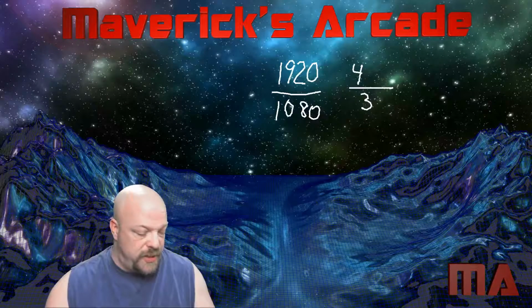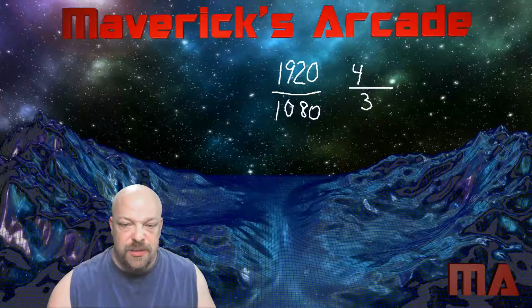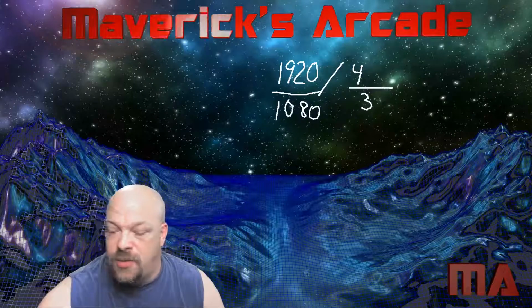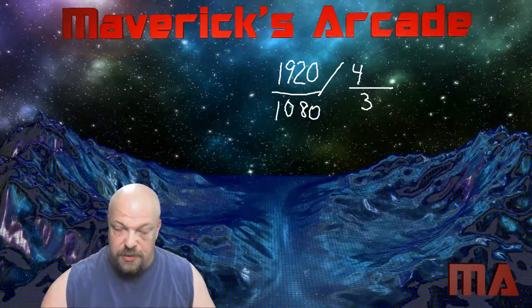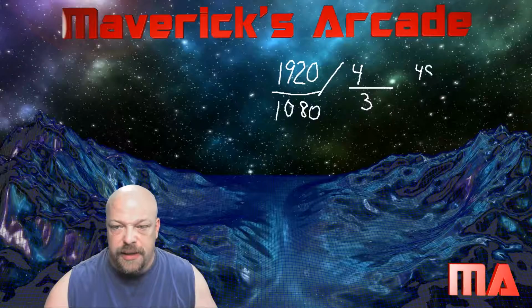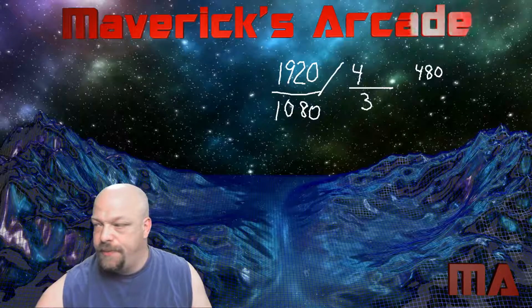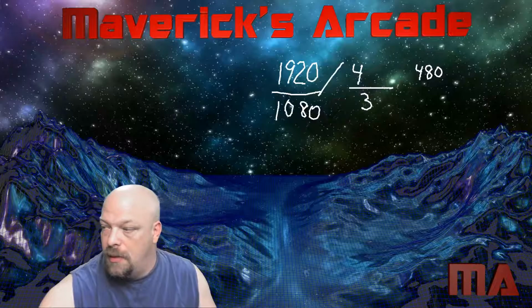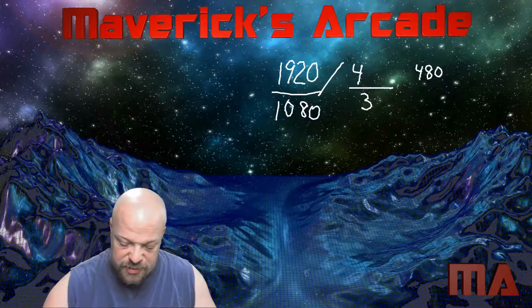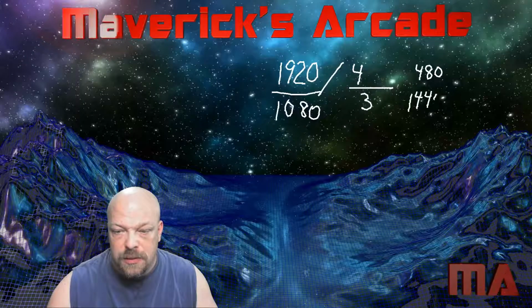So what we do is we divide 1920 by 4, and we get 480. We then multiply that by 3, and we get 1440.